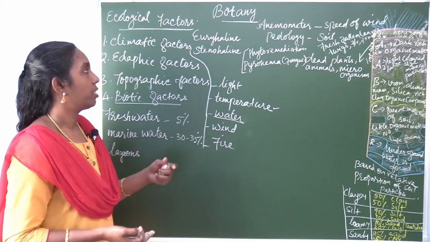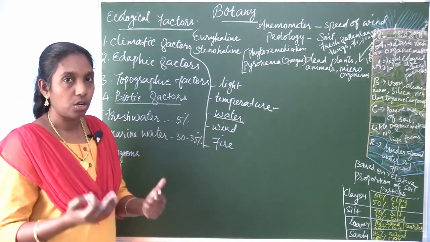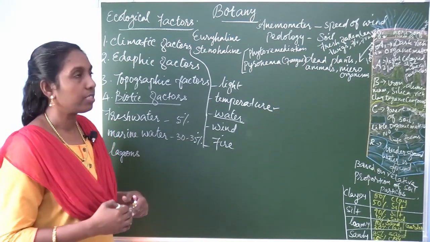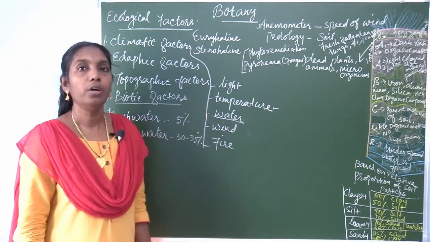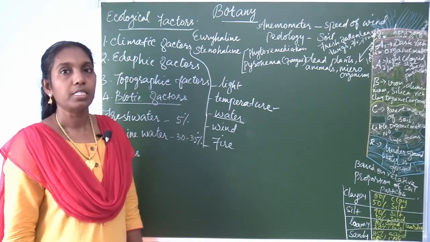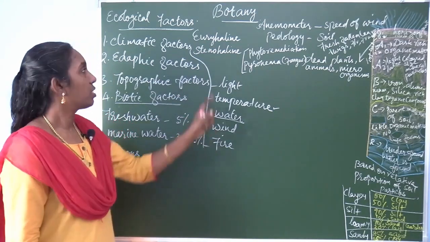pond water or pools. Based on this saline tolerance, the vegetations are classified into two different types, euryhaline and stenohaline. What are the two types? Euryhaline and stenohaline.